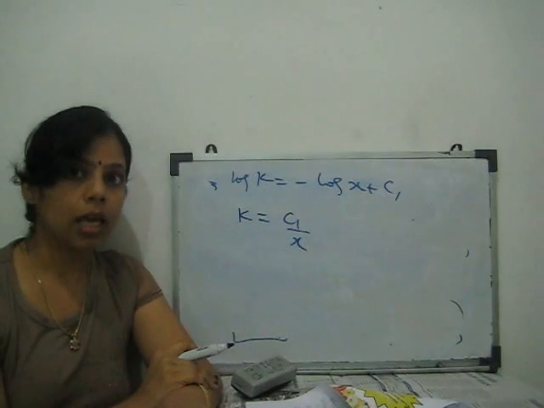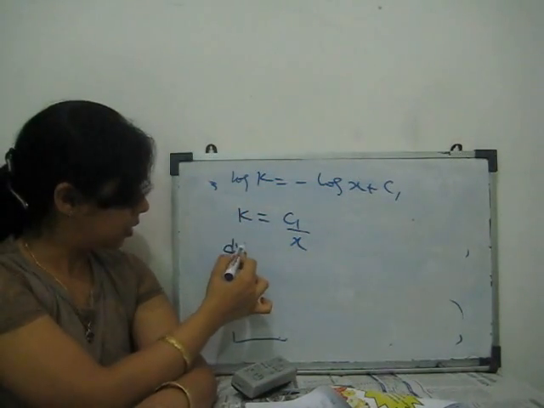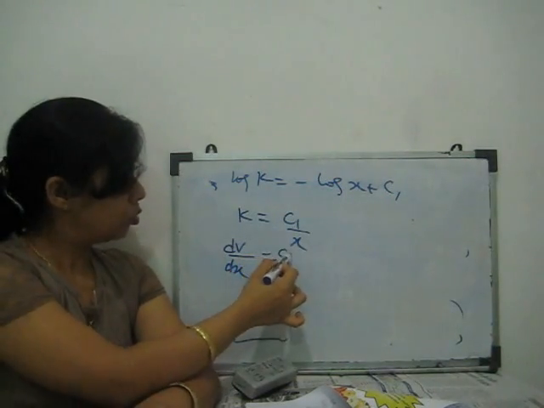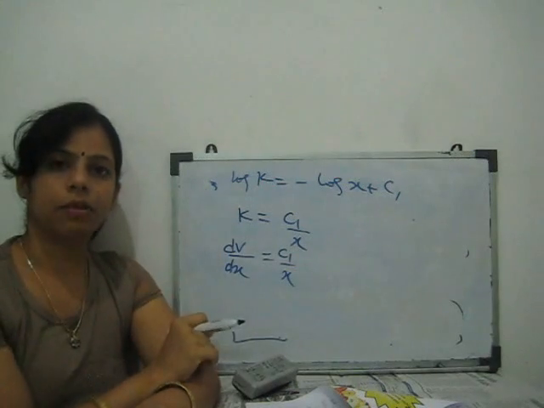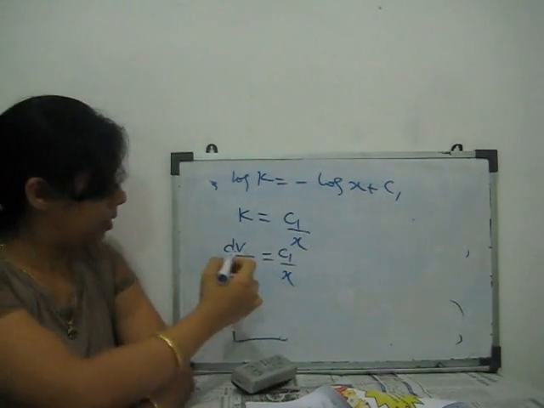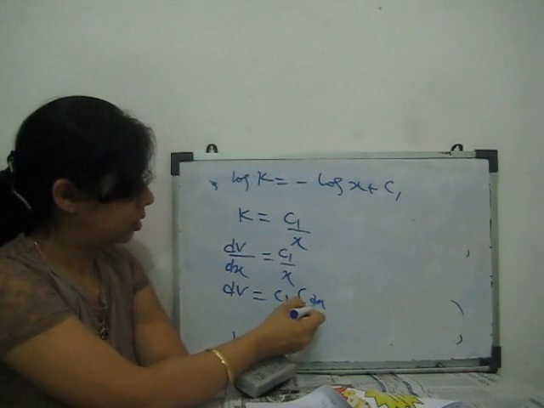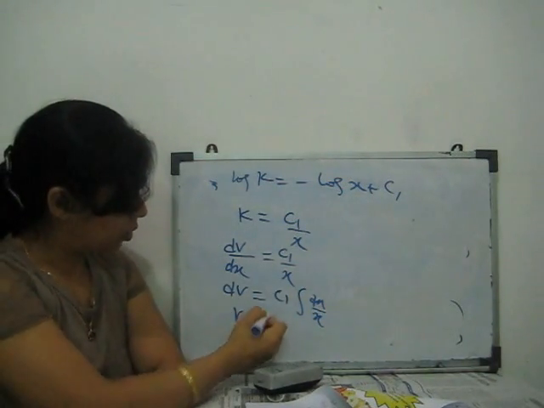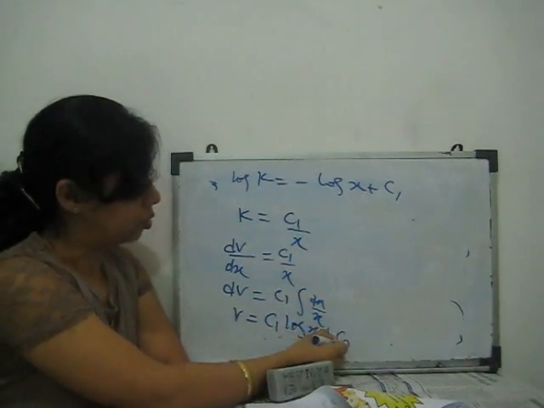Now what is k? k is dv by dx. Replace it: dv by dx is equal to c1 by x. Clear? Again variable separable, so dv is equal to c1 dx by x. When we integrate it, v is equal to c1 log x plus c2.